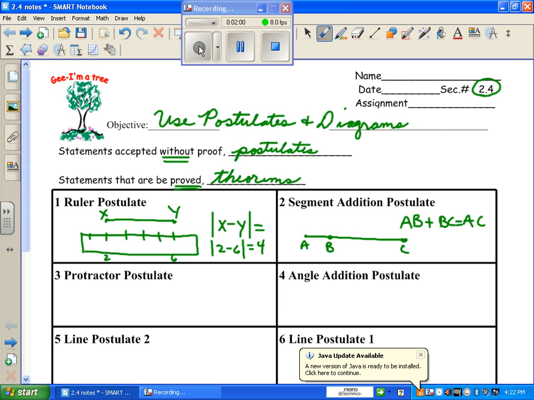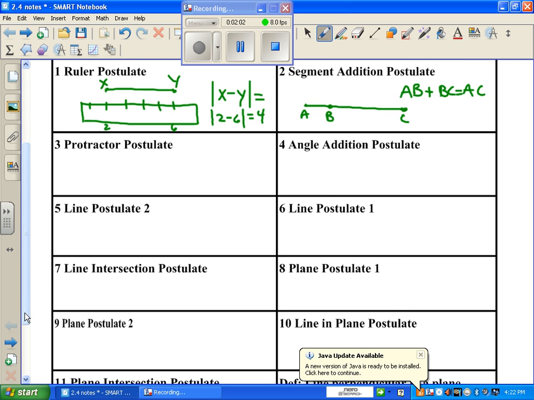Protractor postulate is going to be when you have an angle, and let's say that this ray has a letter X associated with it and this one has Y. When you put your protractor on here, the center has to be at the vertex, and you take the number that's associated with X, let's say that looks like about 89 degrees, and let's say Y is associated with 58 degrees.